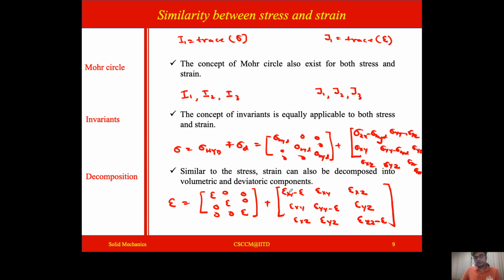And for this part, see the trace of this matrix is 0. So the deviatoric strain will not result in a change in volume. There will be no volumetric strain because of the deviatoric part. The volumetric strain is always due to the hydrostatic part, right? So yeah, this is something we discussed.